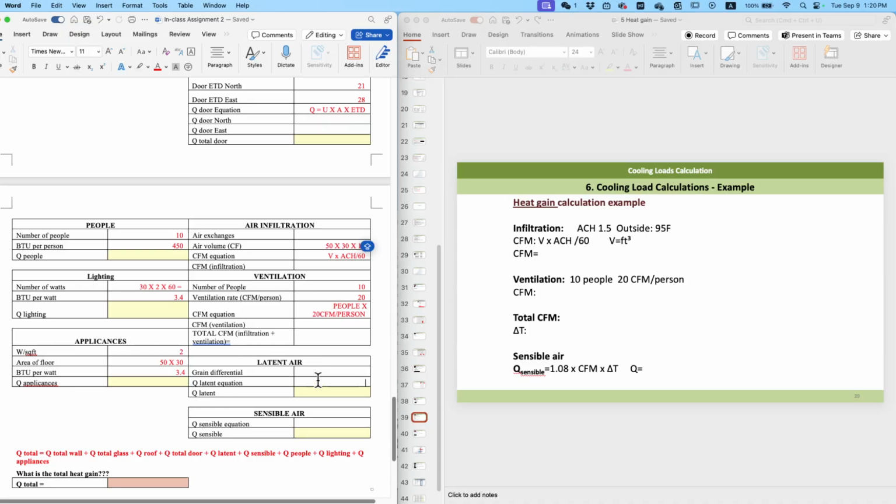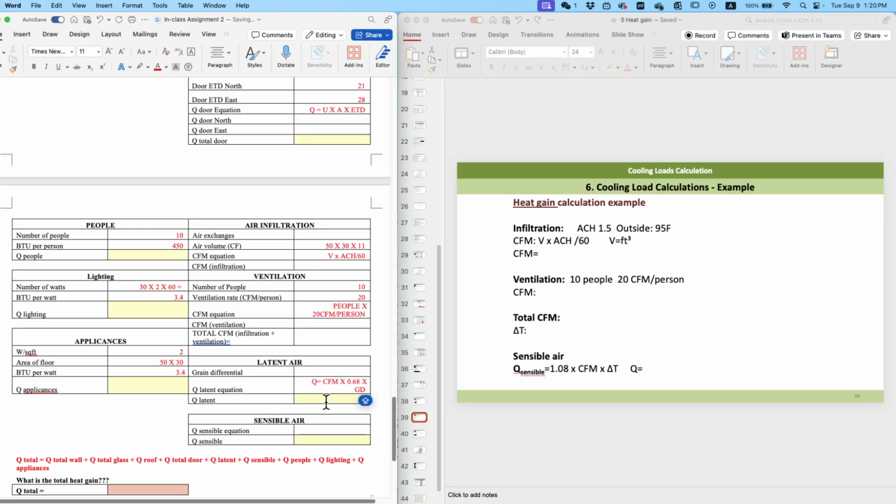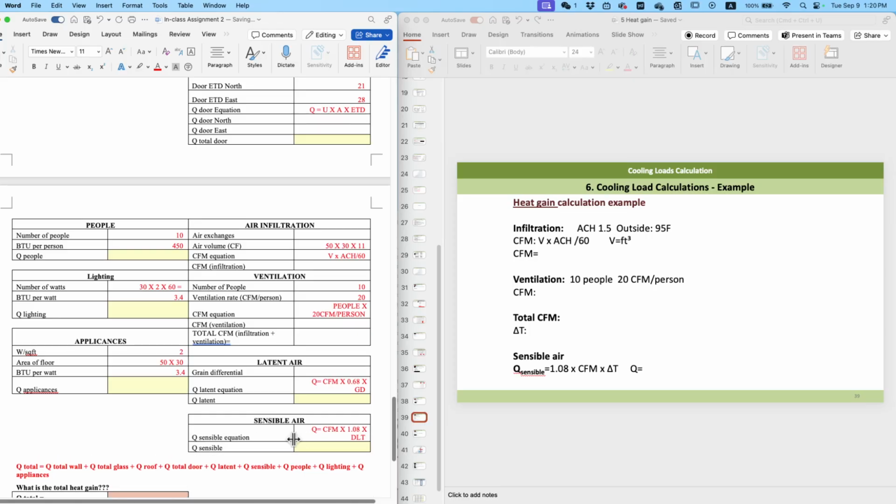Okay, let's first see the latent equation. Latent Q is CFM by 0.68 by GD. And how about sensible? Q is CFM by 1 by delta T.